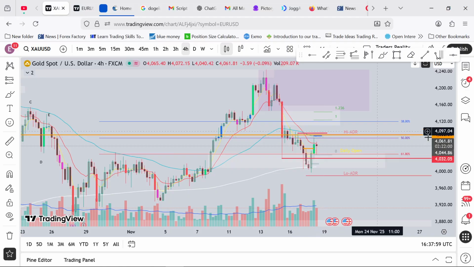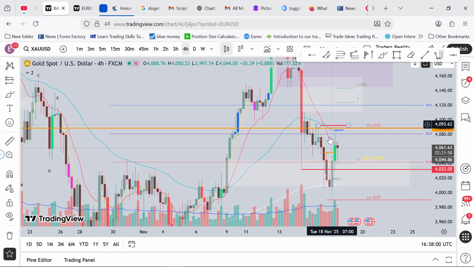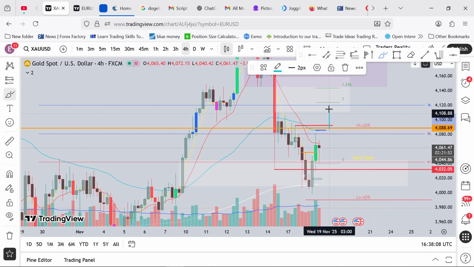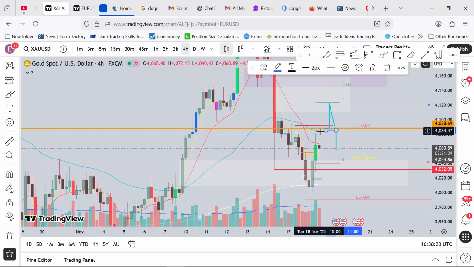The 50 EMA, as you can see, I marked it with this blue line. So in this scenario, I'm expecting price to potentially, once it's come up here, drop down, and on the 4-hour time frame, this move up will be a wick, okay? Majority, if not all of it. And then we'd expect the close below this blue line, which is representing the 50 EMA, okay?